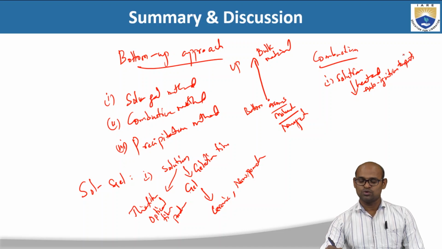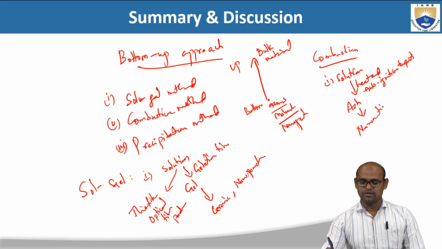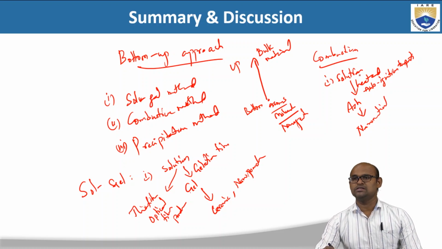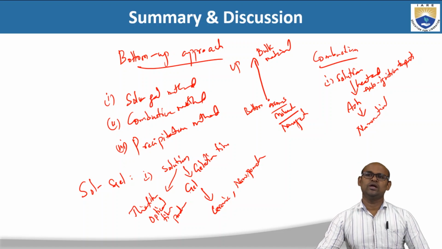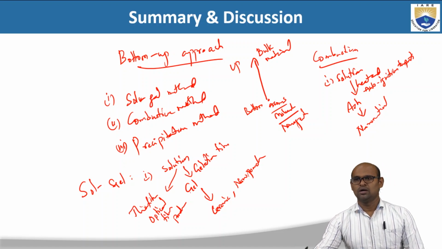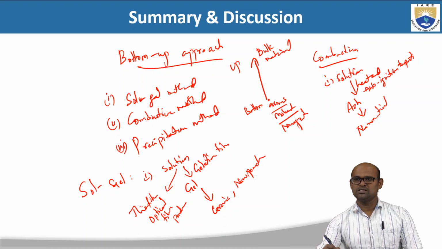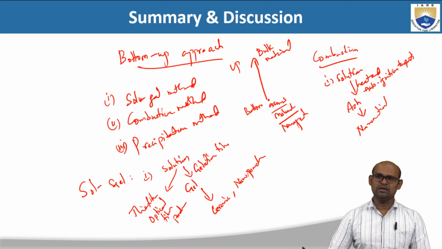Auto ignition means the solution itself starts burning, and then we will find some ash from which we can prepare nanomaterial. So in the combustion method, we first prepare a solution, heat it to reach auto ignition temperature, at which it starts burning by itself, and after this burning we find the ash, and this ash is used to prepare nanomaterials.